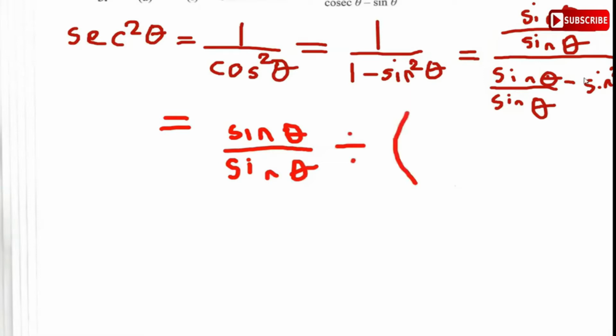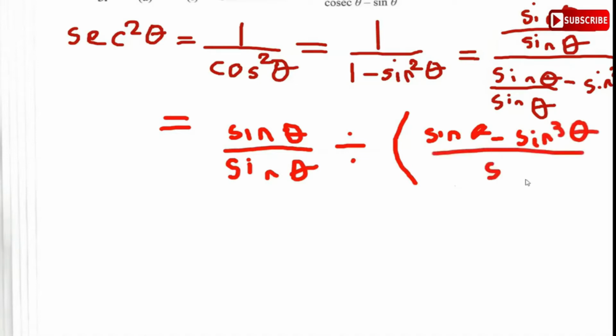Now this sine theta minus sine squared theta, if I were to multiply up sine theta, it's really being divided by sine theta minus sine cube theta over sine theta. Let's see if this will work it out.